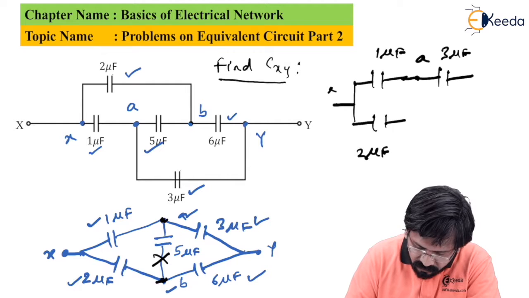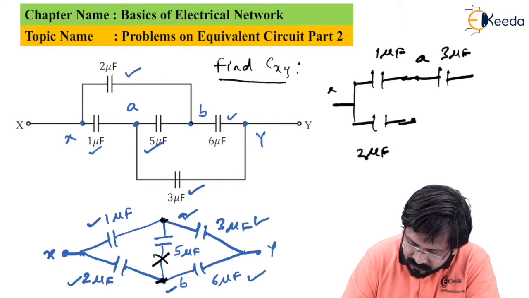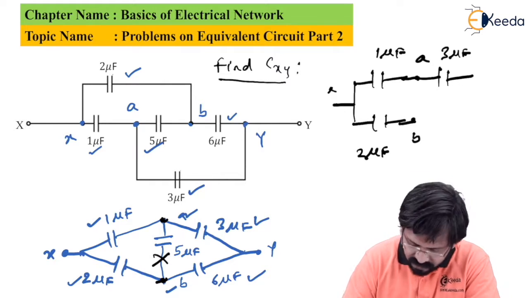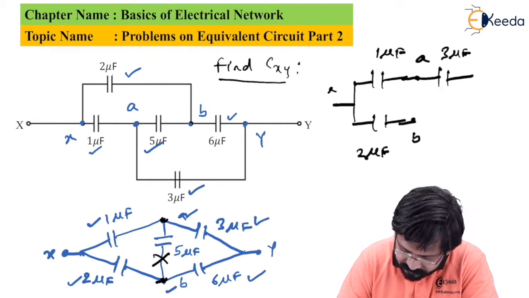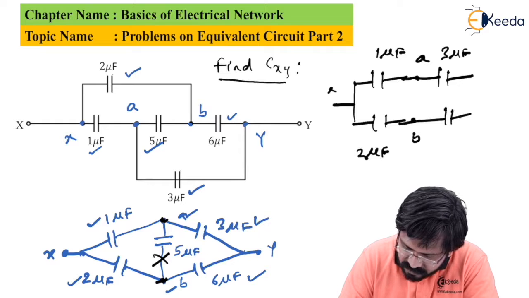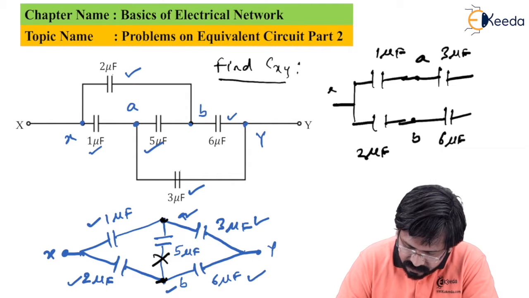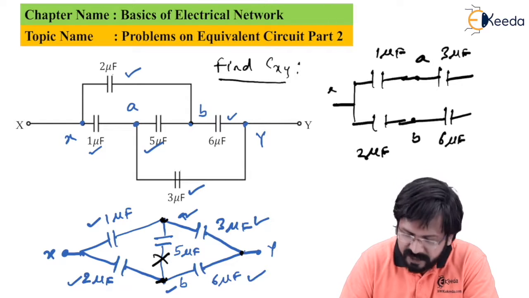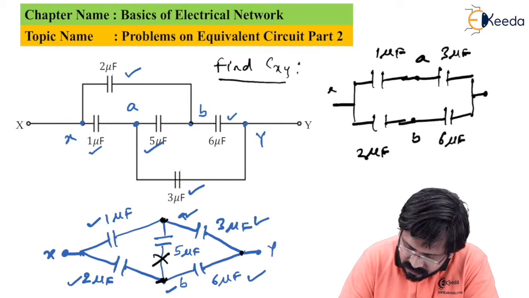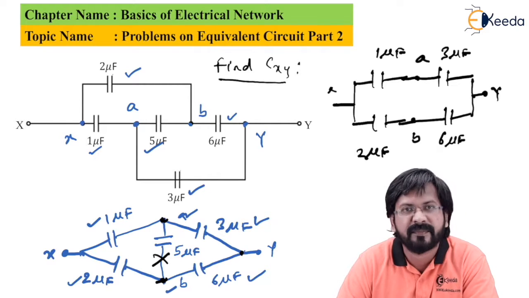At the end of 2 microfarad, we have point B. After that, we have a 6 microfarad capacitor connected between B and Y. After that, 3 microfarad and 6 microfarad have a common endpoint, and we have Y.